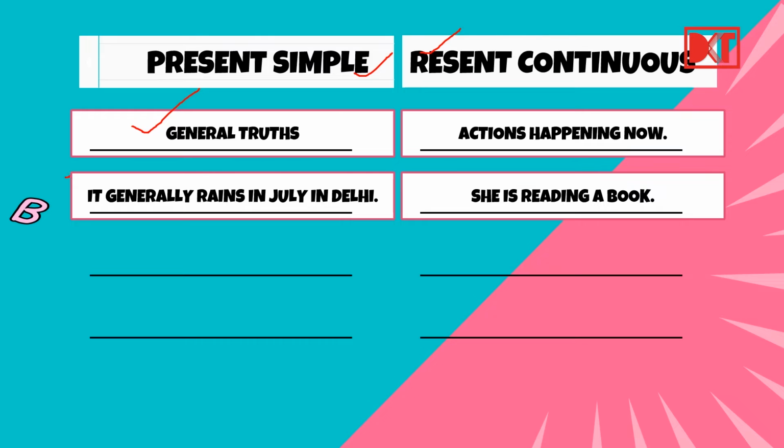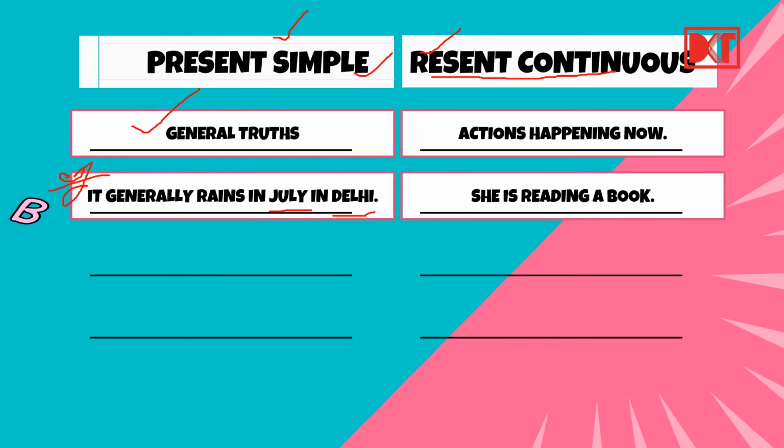For example, here we are talking about a general truth: it generally rains in July in Delhi. In July you must have seen that usually it rains in Delhi, so it is a general truth, an obvious fact. So for that, for these kinds of situations, we use present simple.